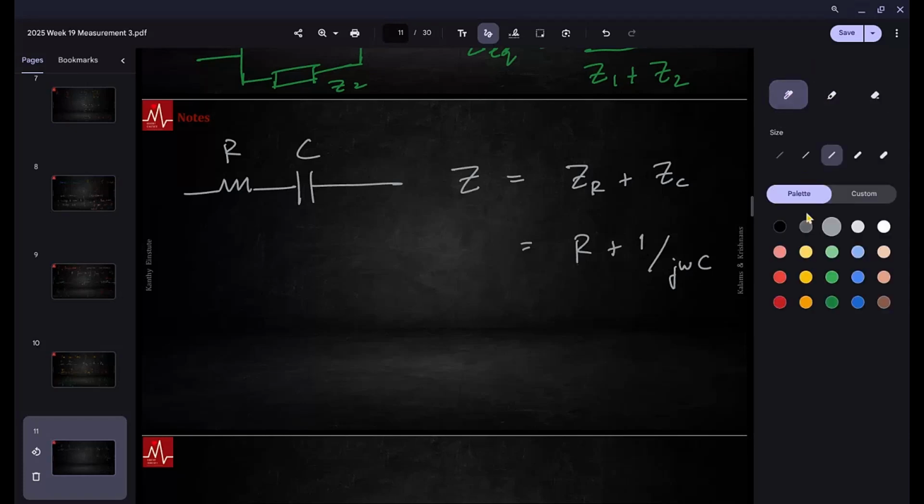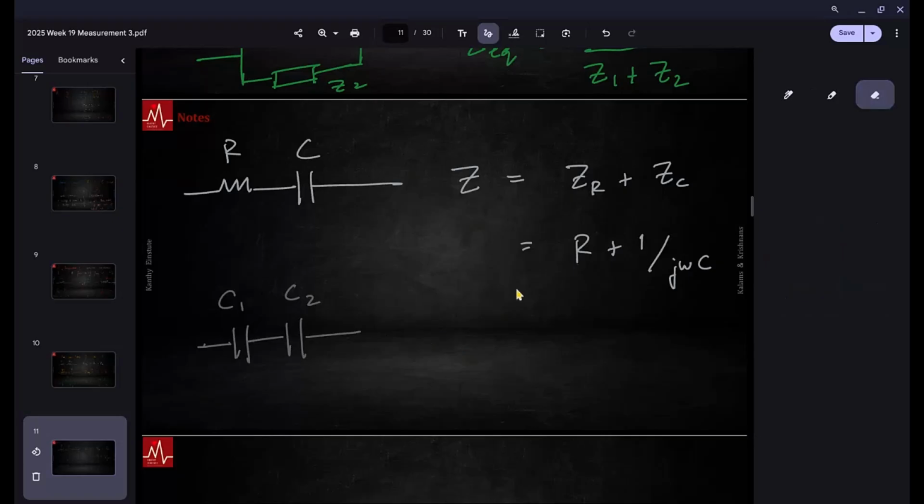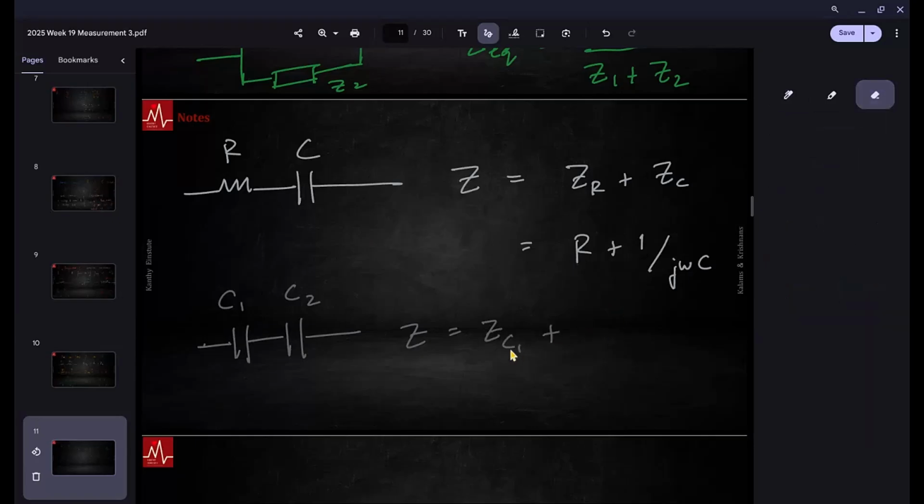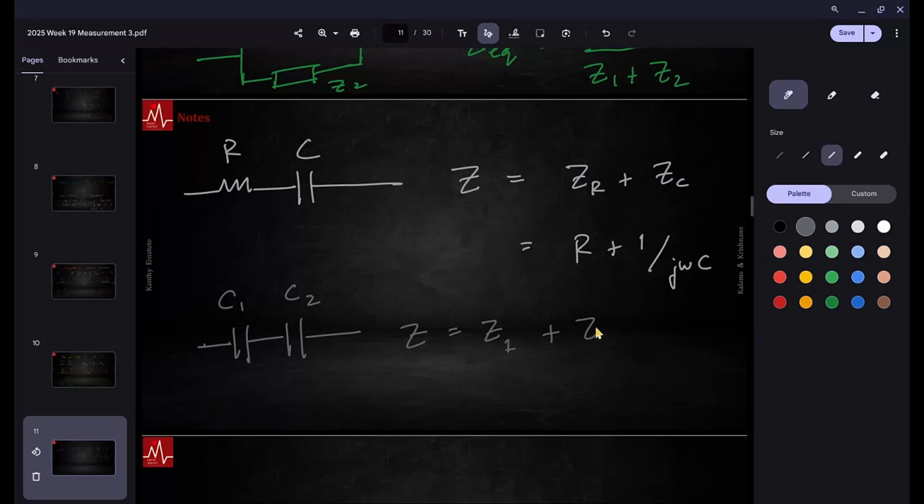So notice on this stage, let me just show you one case, because we are talking about Z equivalences only. Z net is Z1 plus Z2, which would be 1 by j omega C1 plus 1 by j omega C2. Notice your capacitors are automatically adding up in the 1 over way.